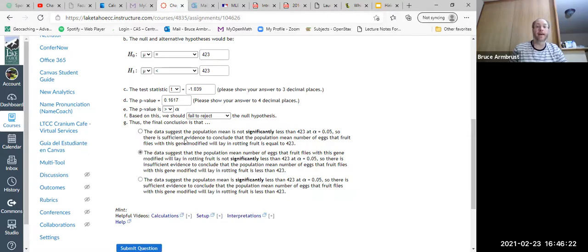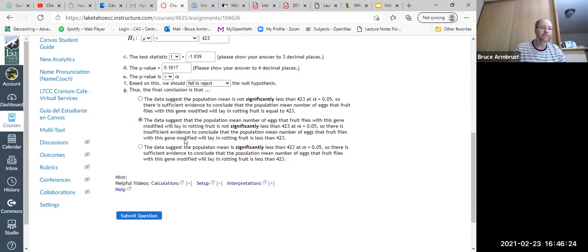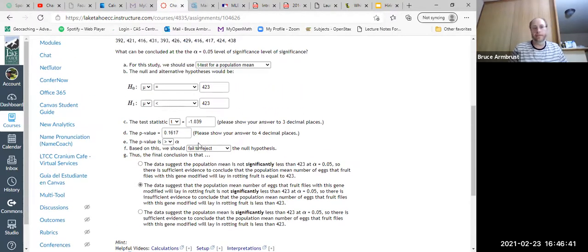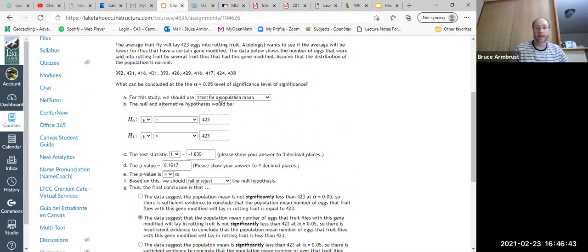We phrase it as, we're not convinced that you're wrong. We don't have evidence to show that you're wrong. So it's definitely a roundabout kind of way, but this is the process for these kinds of problems.